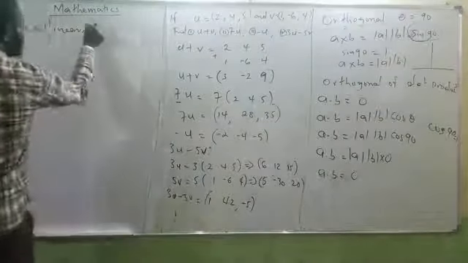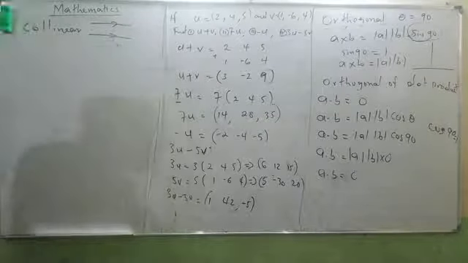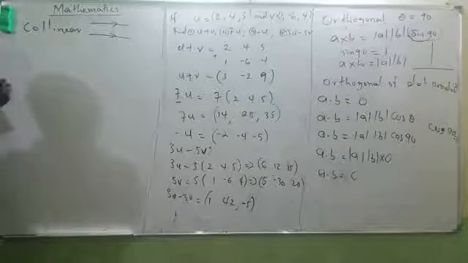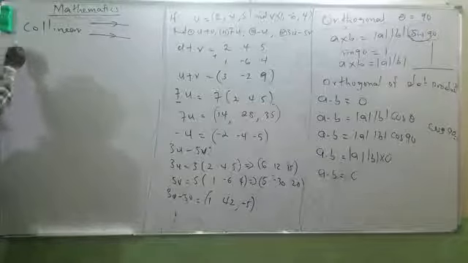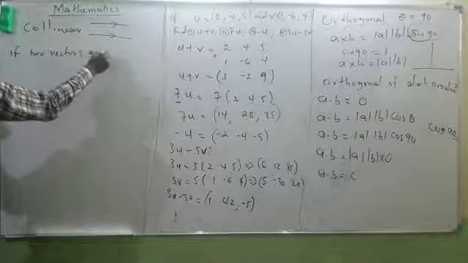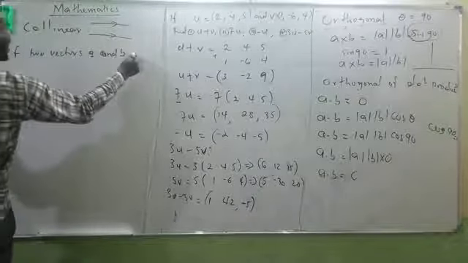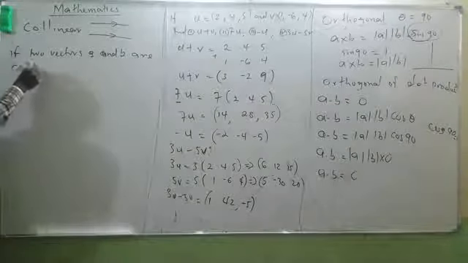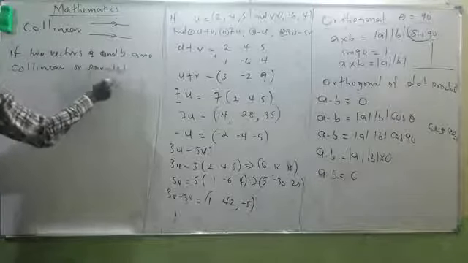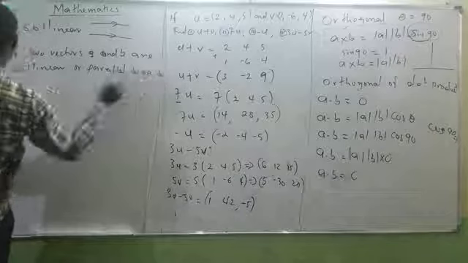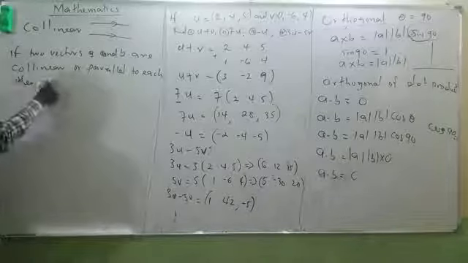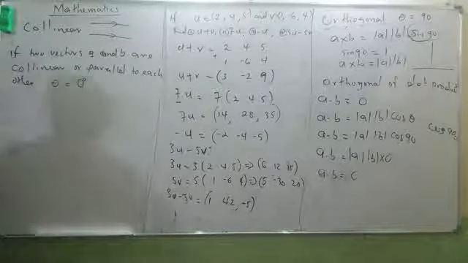Collinear is parallel. Now, if two vectors A and B are collinear or parallel to each other, please take note of that, it means theta equals 0 degrees.